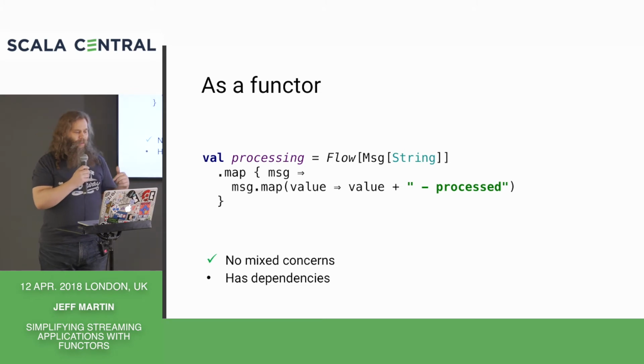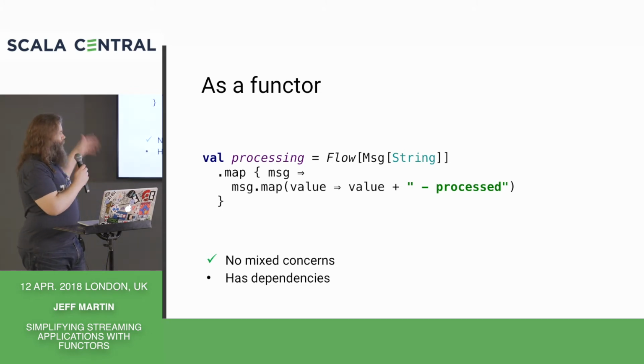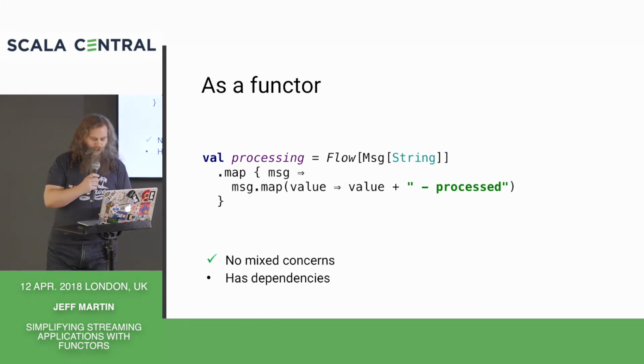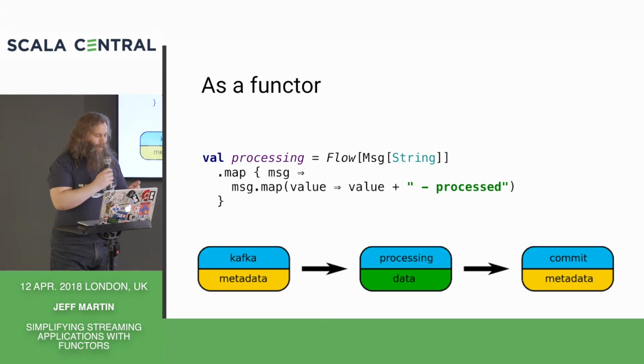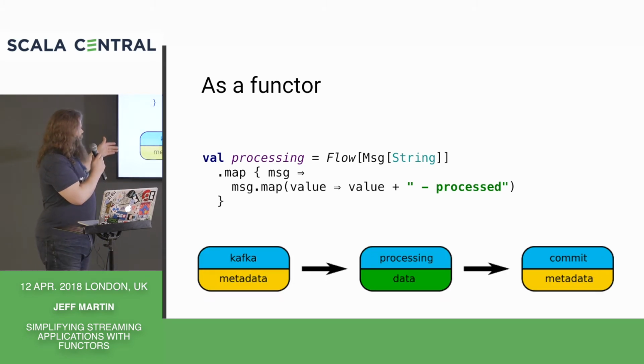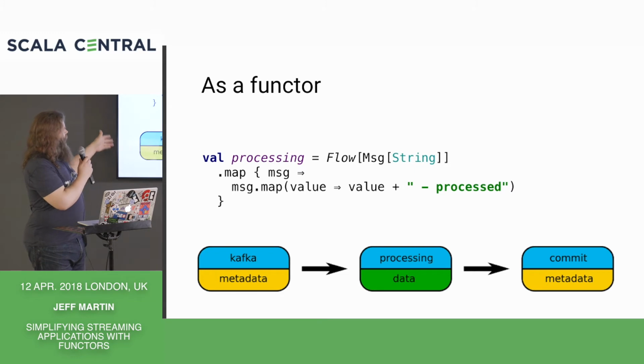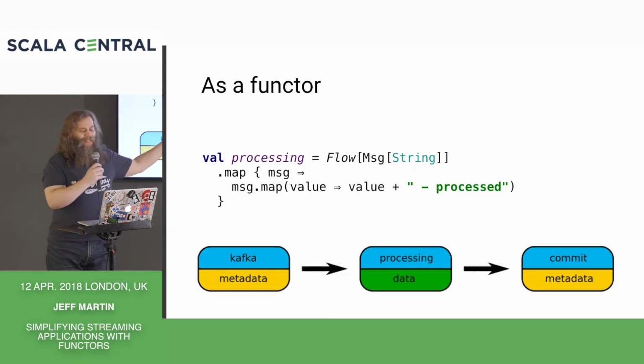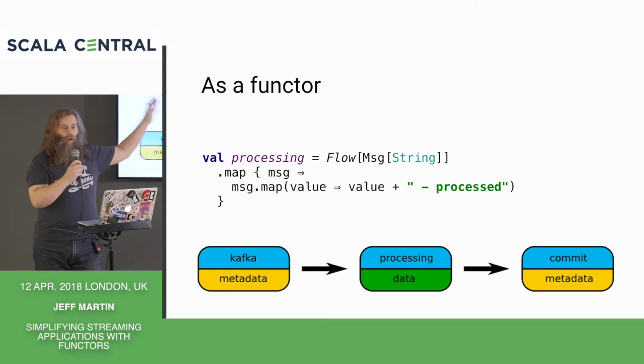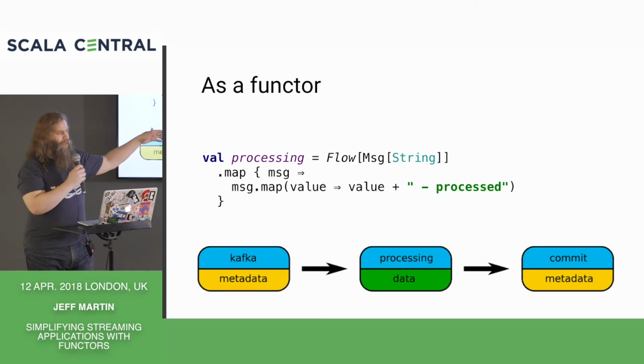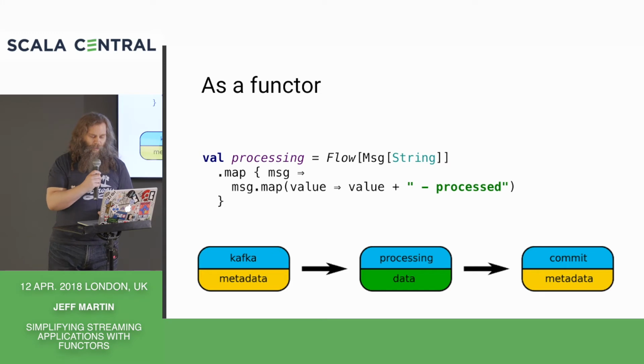So we're still dependent on a message which might be bringing in other libraries. So what we have in our flow is the metadata, which is external to this, before this part of the flow. In this particular part of the flow, we're only dealing with data, and then at the commit stage, we might be dealing again with the metadata.